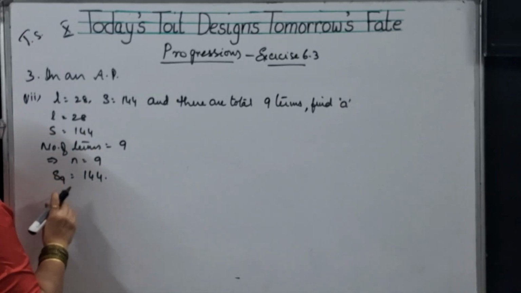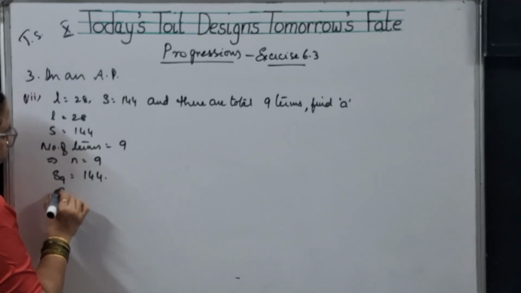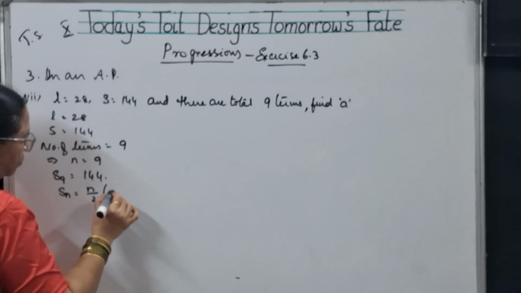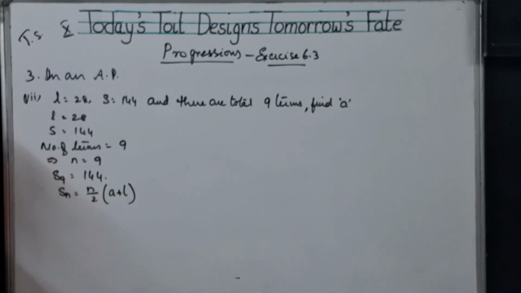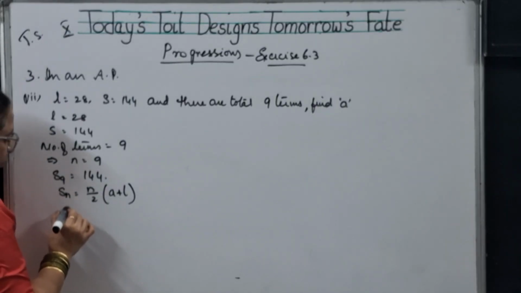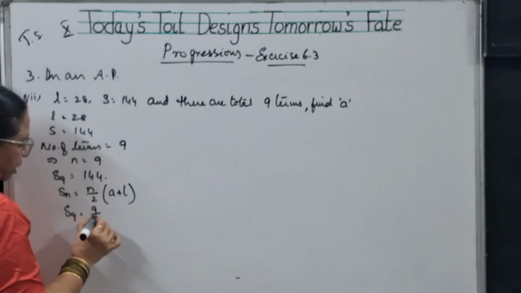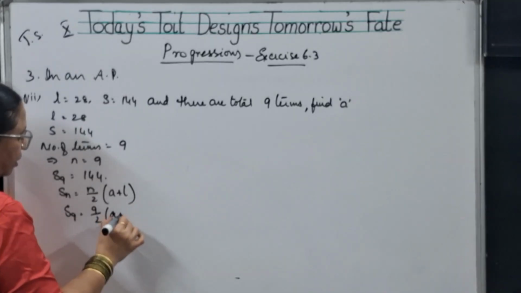S9 is 144 means we know the general formula of Sn is equal to n by 2 into a plus l, which we will be taking. The last term they have already given. So we need S9. The S9 formula is what children? 9 by 2 into a plus last term.